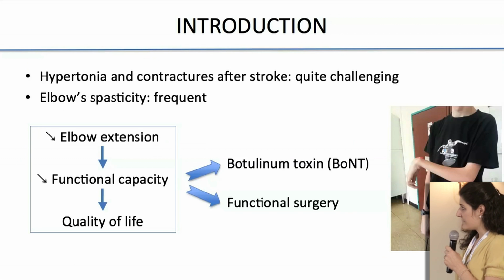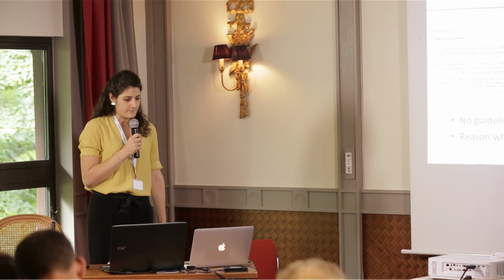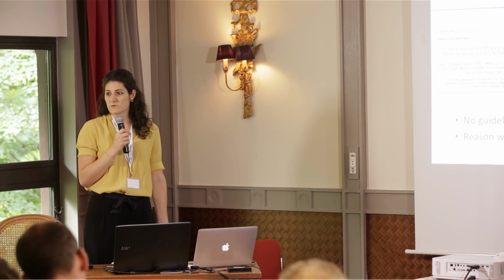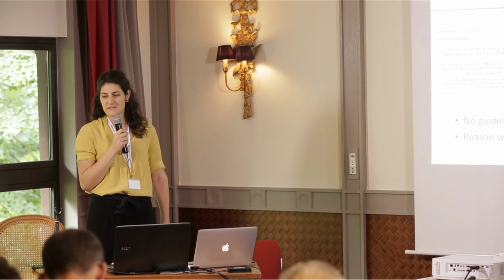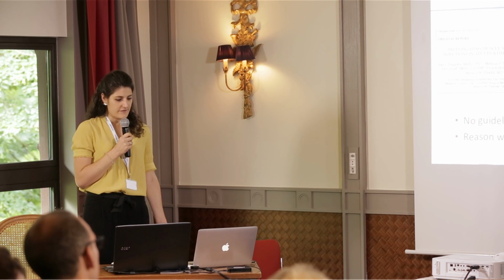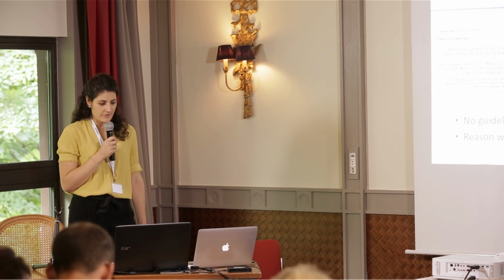To treat this elbow spasticity, you can use botulinum toxin or functional surgery. Since we began using botulinum toxin maybe 20 years ago, there are still no guidelines regarding injection patterns.